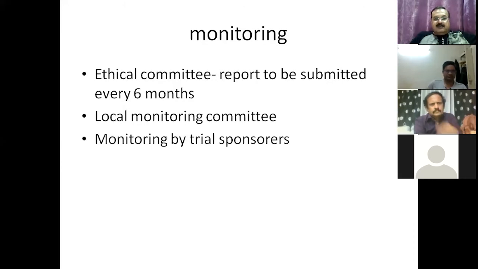Apart from that, there could be a local monitoring committee which can go to the site and monitor. And then there could be monitoring by the trial sponsors, which I already talked about in stakeholders. So there are three local monitorings: monitoring by the local monitoring committee, monitoring by the ethical committee, and monitoring by the trial sponsors.